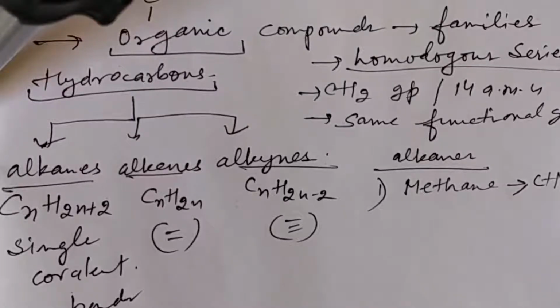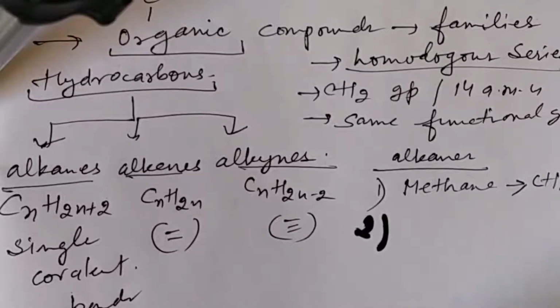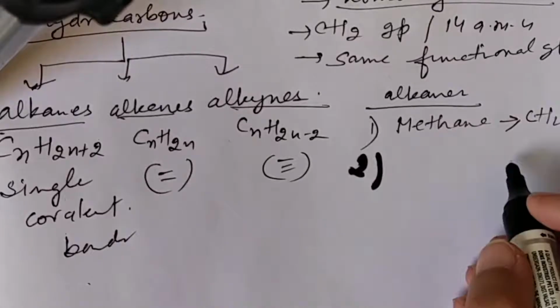So here in CH4, there is one carbon atom and four hydrogen atoms, with which it is forming four covalent bonds.